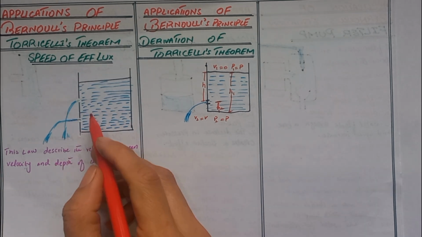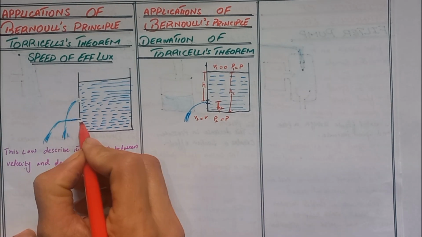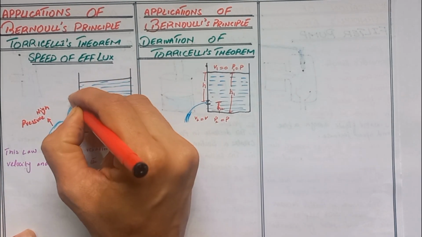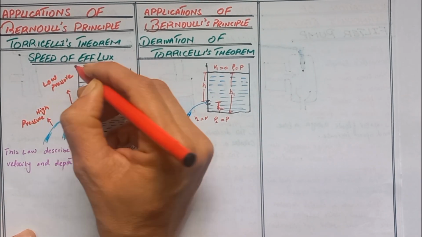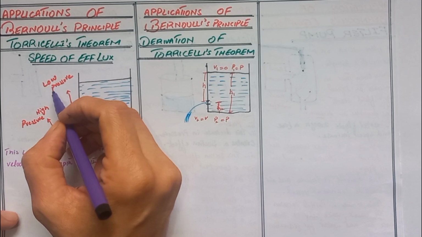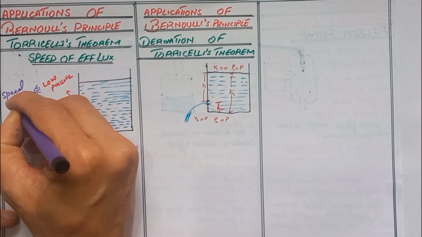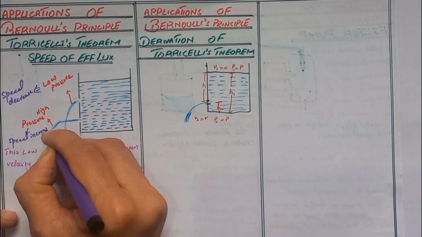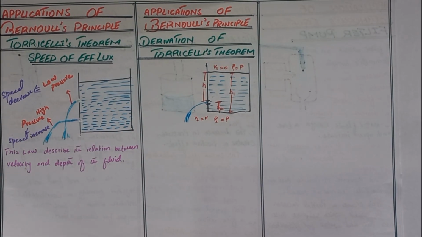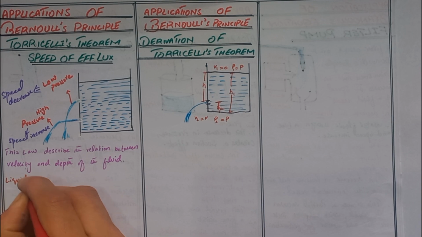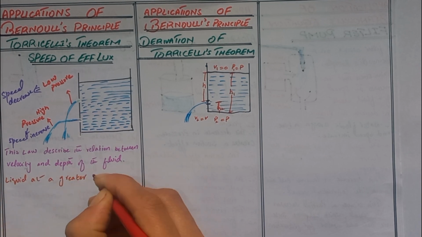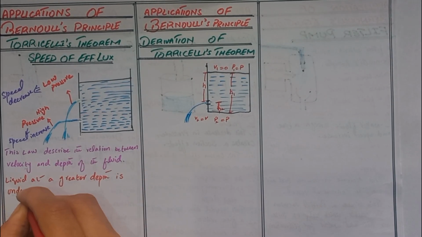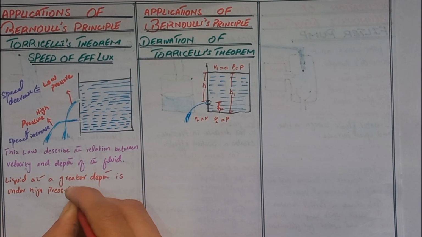Liquid at a greater depth in a container is under high pressure. Liquid at a lower depth is at low pressure. When the liquid is at low pressure, its speed decreases, and when the liquid is at high pressure, its speed increases. So here we write that liquid at a greater depth in the container is under high pressure.